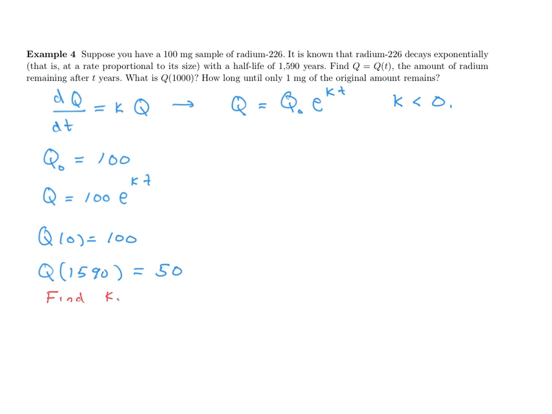All right, so what I'll do is take my equation, I'll put 50 in place of Q, and 1,590 in place of T. And K is left over. I'll divide both sides by 100. I'll take the natural log of both sides.